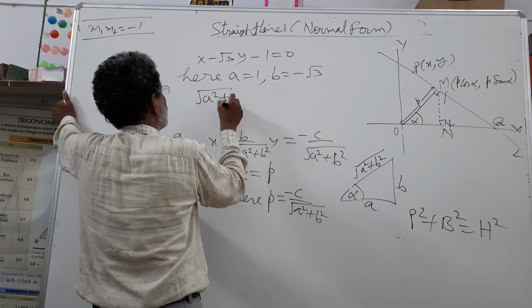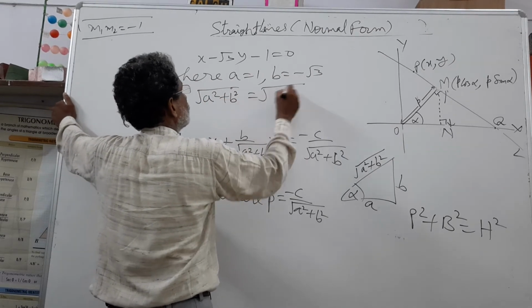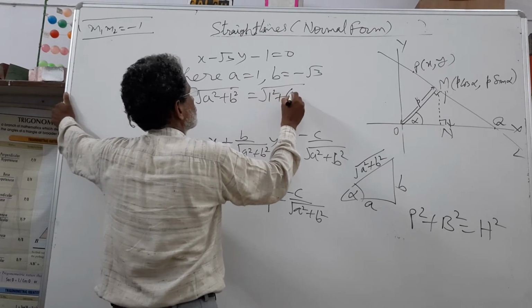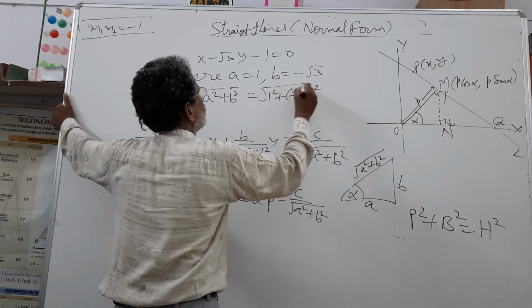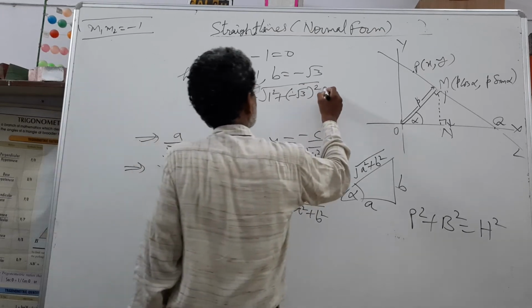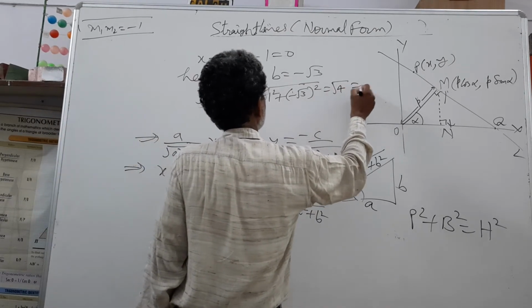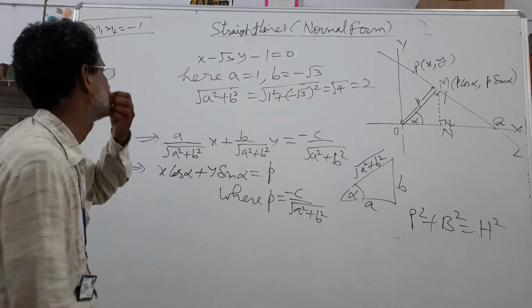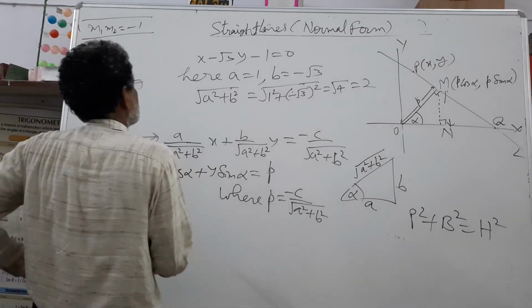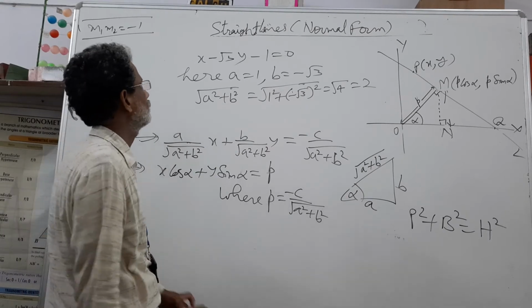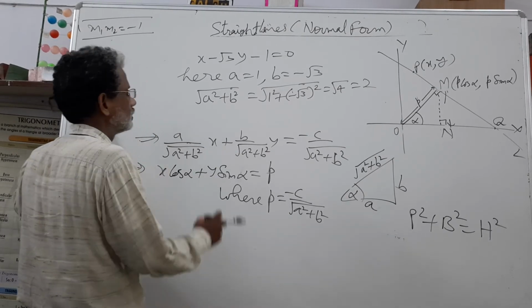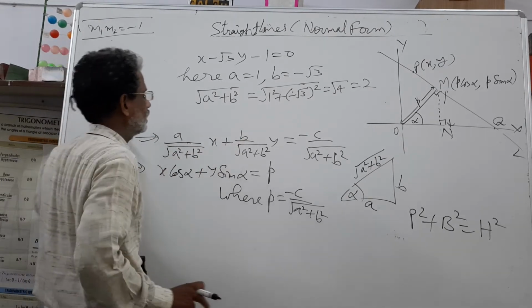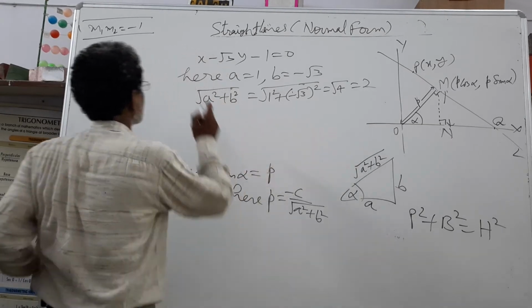Under root A square plus B square is equal to under root 1 square plus minus root 3 whole square, which is under root 4 equal to 2. We will take the positive value only. So therefore we will divide the whole equation by 2, under root A square plus B square.